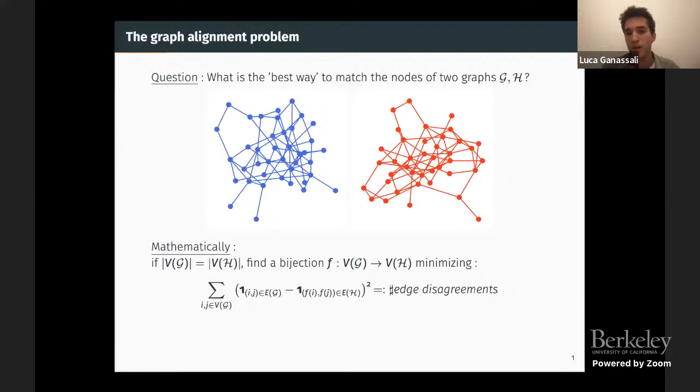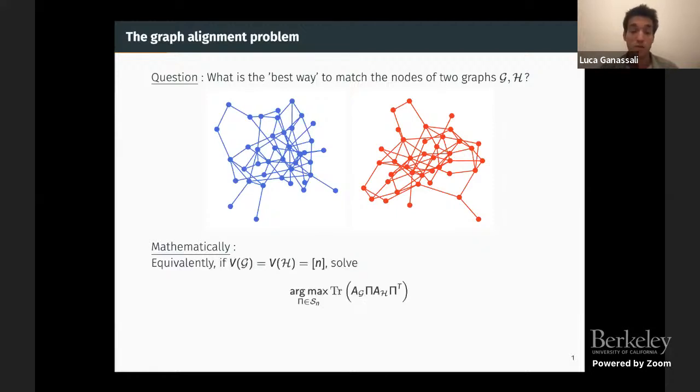So here, graph alignment can be viewed as a noisy version of the graph isomorphism problem. Minimizing this quantity can be rephrased as an optimization problem over the set of permutations, which is, as you probably know, an instance of the quadratic assignment problem, which is known to be NP hard in the worst case.